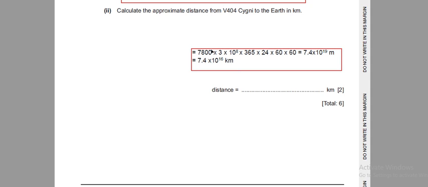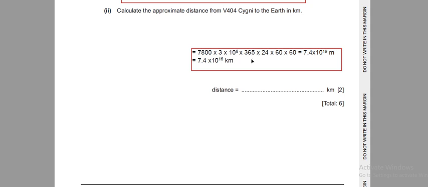We multiply it by the value of 1 light year, which is the speed of light times the time of 1 year, converted into seconds, because here the speed is in meters per second.